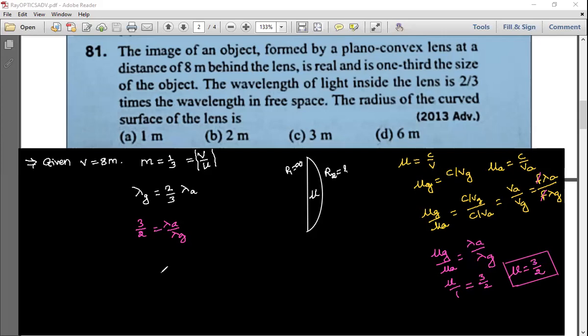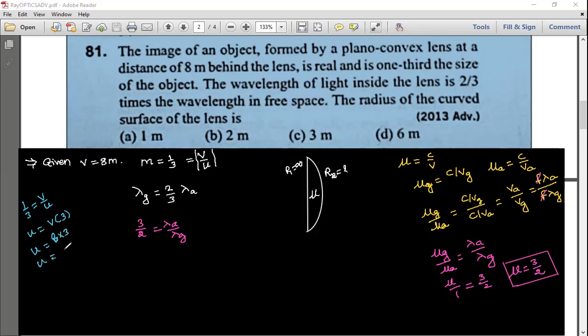Now we want U, because we have to use the lens maker's formula and the mirror formula together. So here, m is equal to 1 by 3, which is V by U. So U is equal to V into 3, that is 8 into 3.